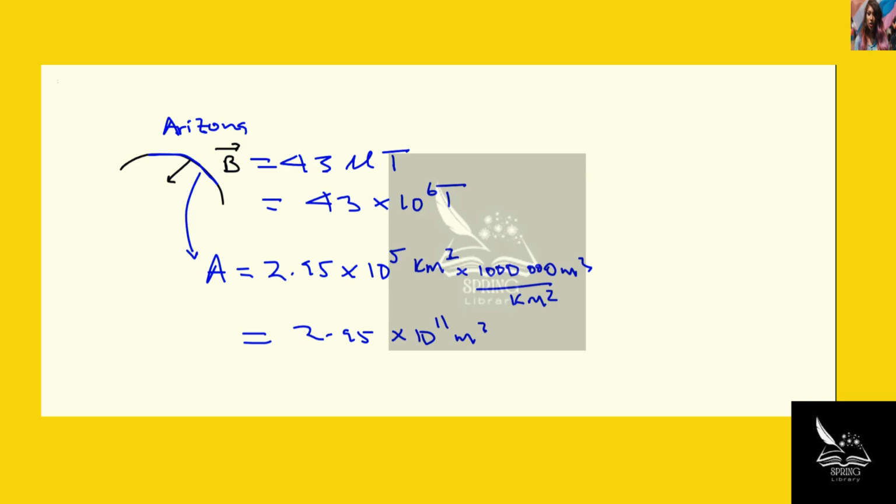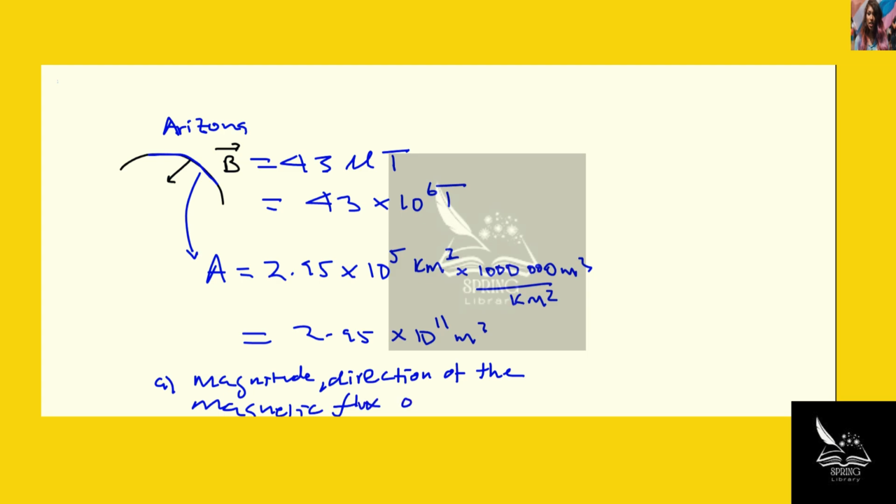We're supposed to find the magnetic flux through the surface. Our goal is to find the magnitude and direction of the magnetic flux outside of the Arizona surface.